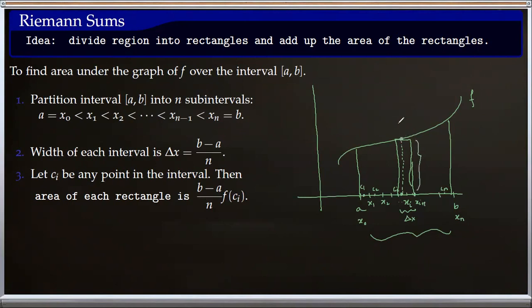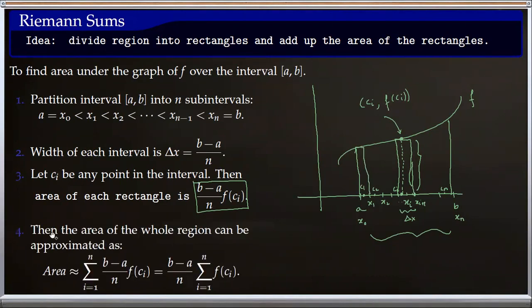Since we know this point is going to be ci, f of ci, the y value is f of ci. So the area of this rectangle is (b minus a) over n times f of ci. So we have a formula for each of these tiny rectangles. All we need to do is just add them up to get the area of everything.